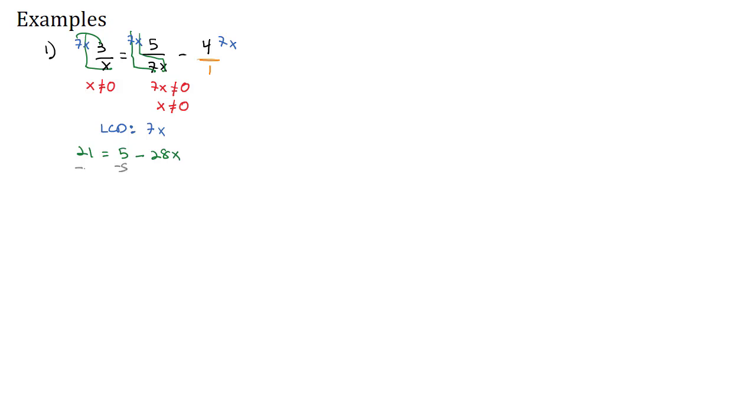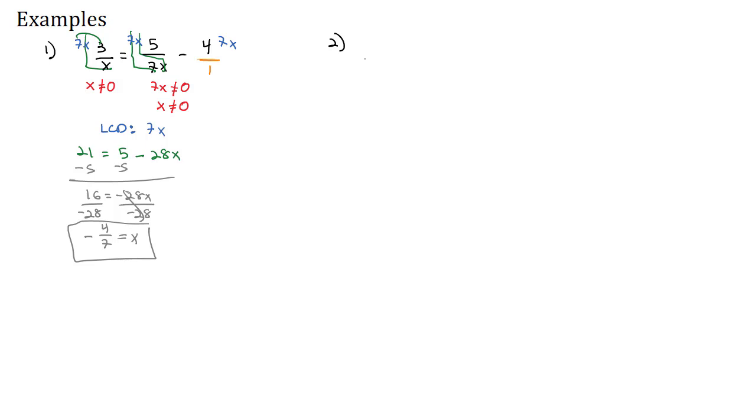We'll subtract the 5 from both sides to get 16 equals negative 28x. Divide both sides by negative 28, and we can reduce that by dividing by 4. That gives us negative 4/7 for our answer. Take a moment to check my unallowed value of 0. I didn't get 0 for an answer, so we're good to go. This is our solution to this rational equation.